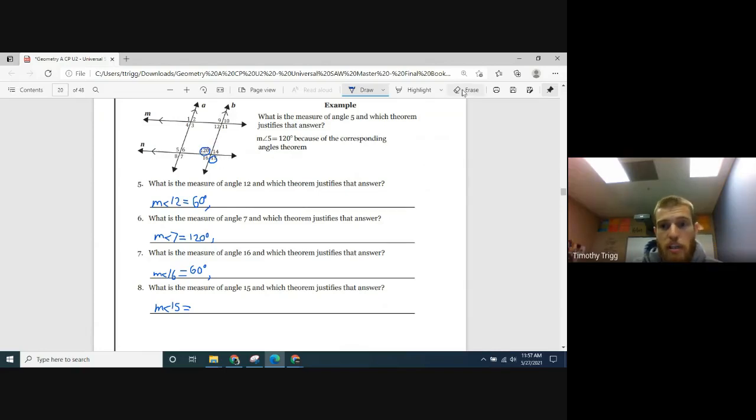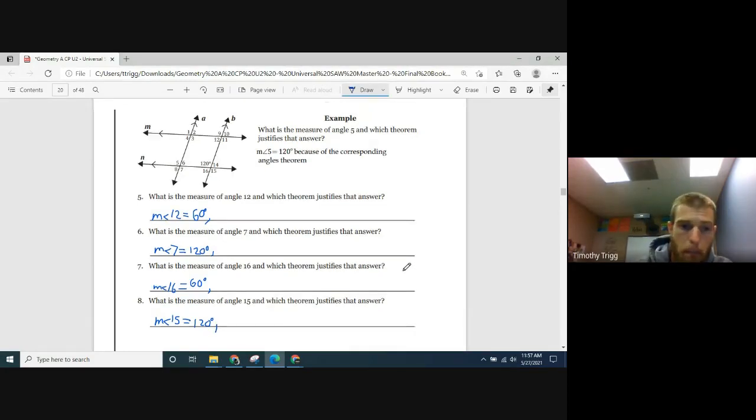I hope you can see that those would form vertical angles, and you can see they're open the same amount and they're congruent to each other, right? So this one would also equal 120 degrees. Why? Because it's vertical angles. So here you'd write vertical angles.